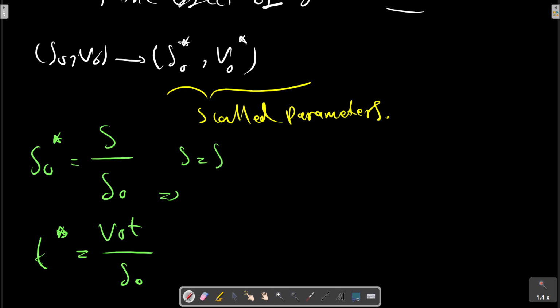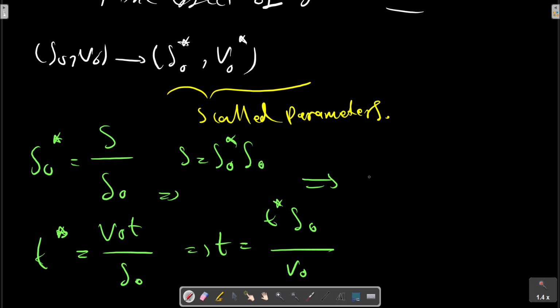S equals S star S0, and we can calculate T: T star S0 on V0. Replacing into the equation of motion, we can obtain this relation: 1 plus T star plus T star squared.